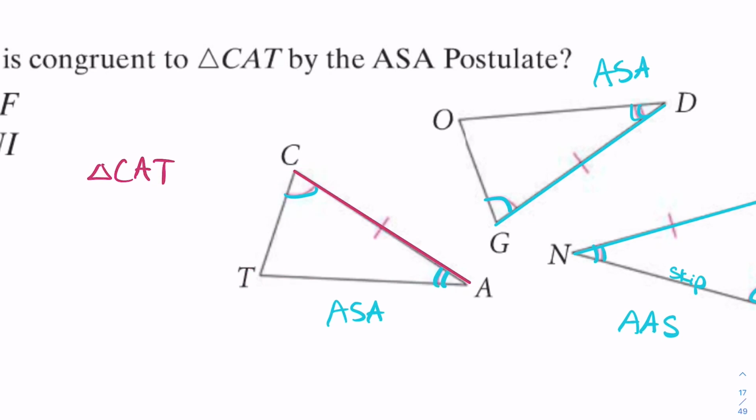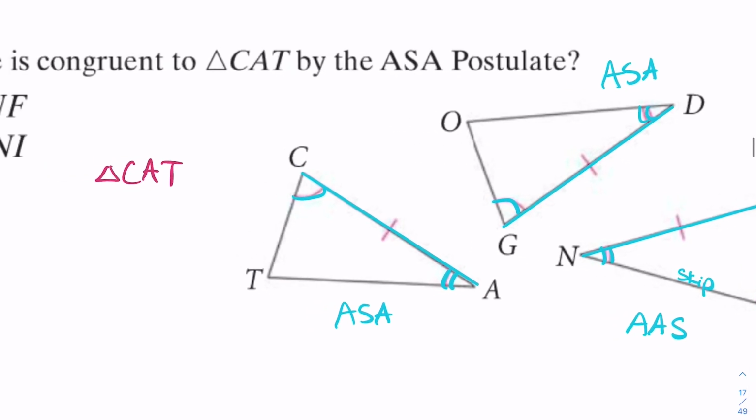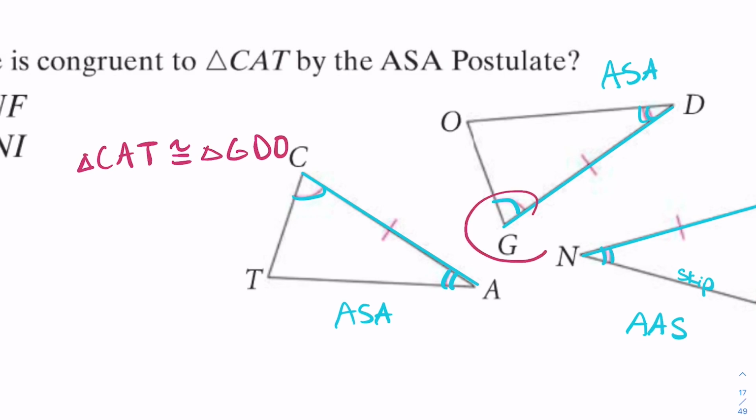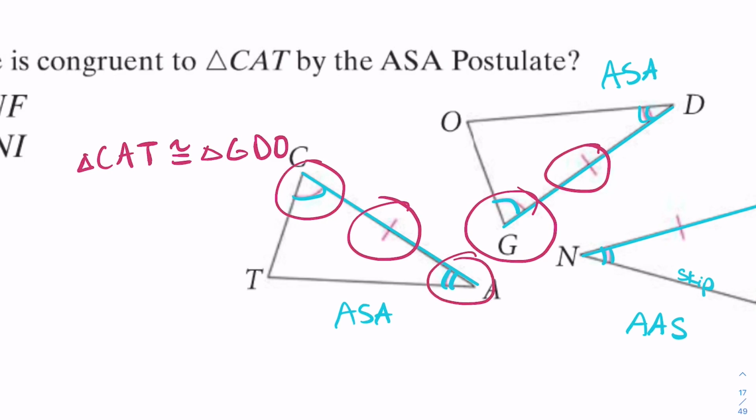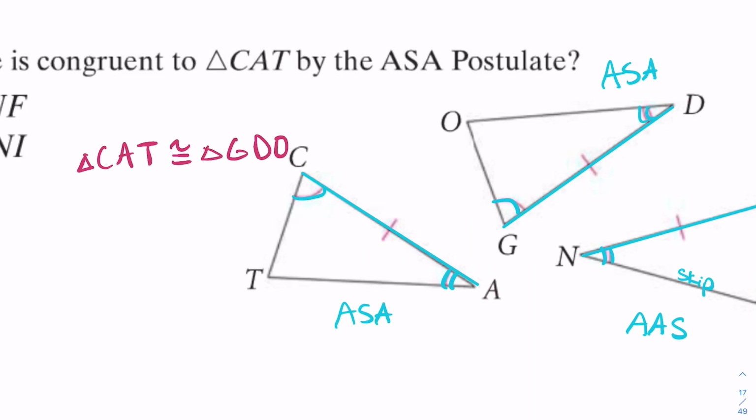So I need to follow that pattern: 1, 2, 0. And so triangle CAT is congruent to triangle G, D, O. So again, 1 tick mark, down your side, towards your angle, and then down the side with nothing. And that's the order that matters.